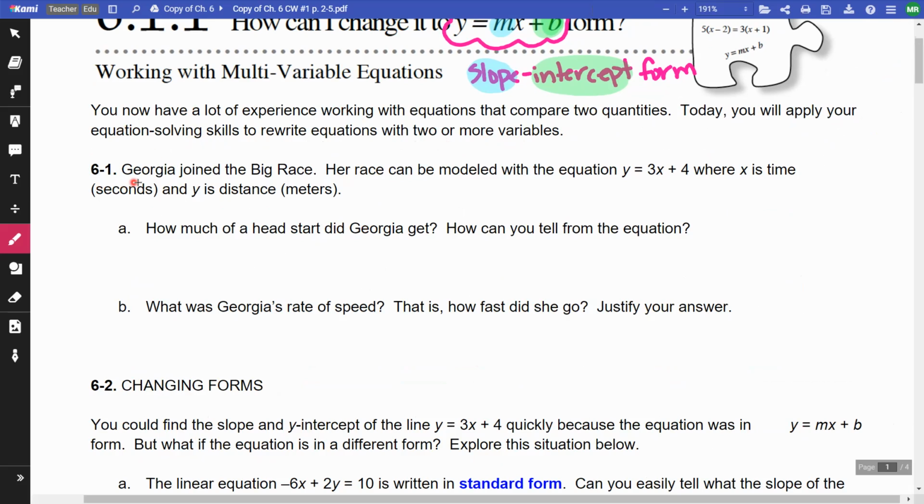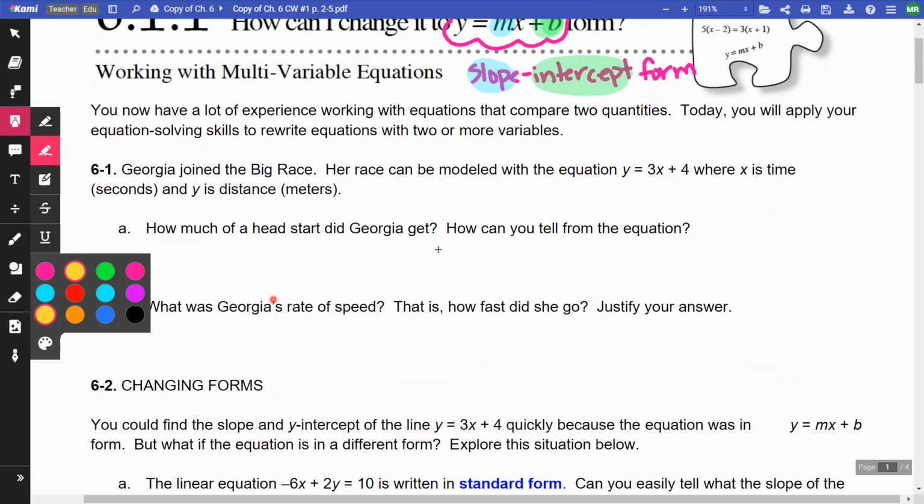So on 6-1, Georgia joined the big race. This is the tricycle race that we saw first semester. Her race can be modeled by the equation y = 3x + 4, where x is time in seconds and y is distance in meters.